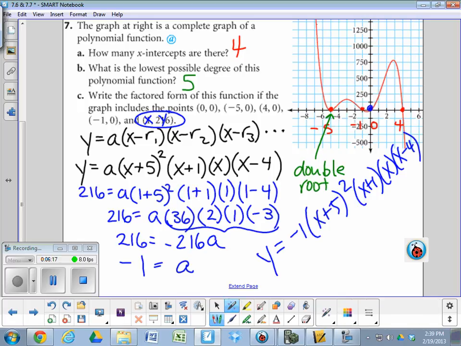Look at the general nature of this graph. How does it behave at the beginning? In a downward fashion. It does some funky stuff in the middle, but ultimately, how does it end up? In a downward fashion as well. Remember that. The degree was odd, 5, and a is negative. It starts downward, finishes downward. More on that in the next video.